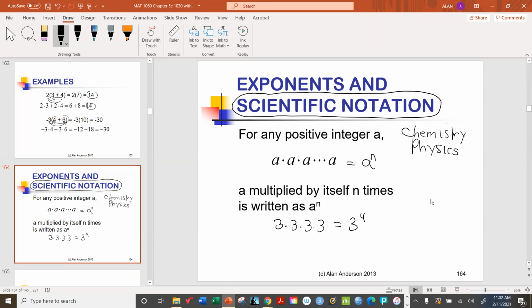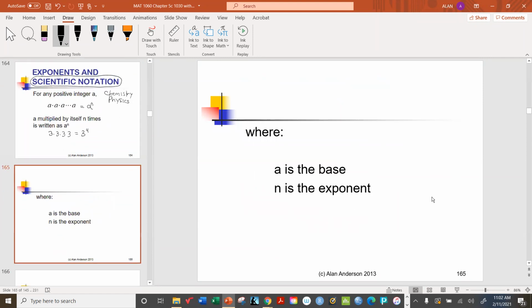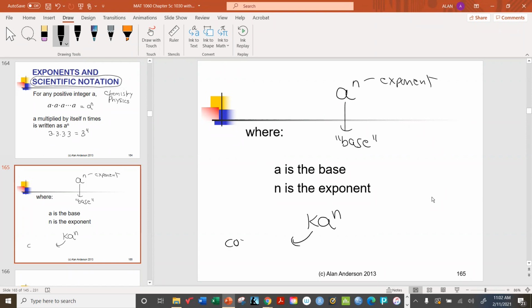All right, but as far as exponents are concerned, there's something you may not be aware of, but when you write out an exponent like this, a is referred to as the base of the expression. Of course, n is the exponent. And if, let's say, it's multiplied by some constant, then this constant is referred to as the coefficient of the expression.